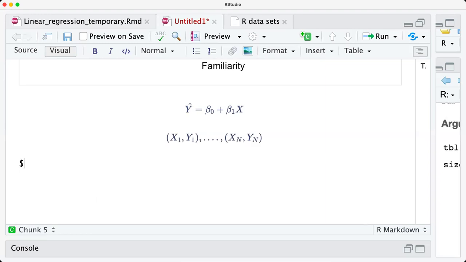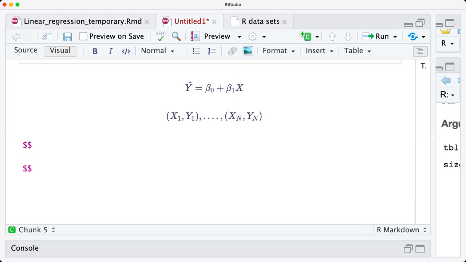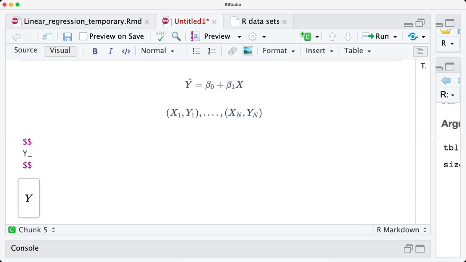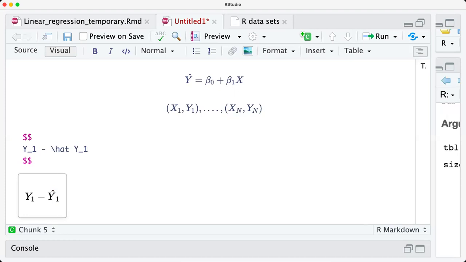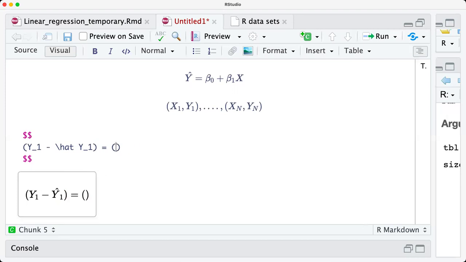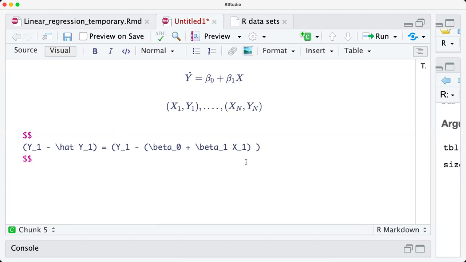Now you try to guess beta 0 and beta 1. What the errors are: y1, for instance, minus the predicted value, which is beta 0 plus beta 1 x1. So does it make sense?